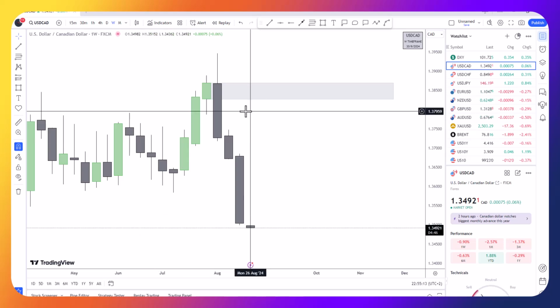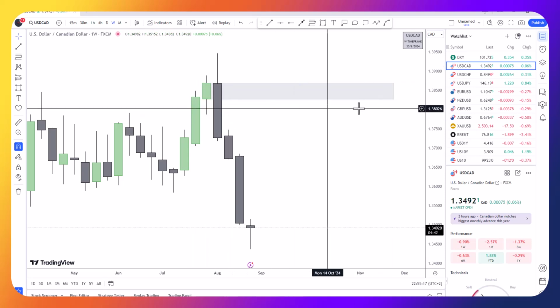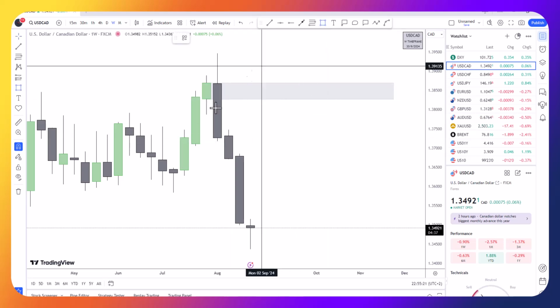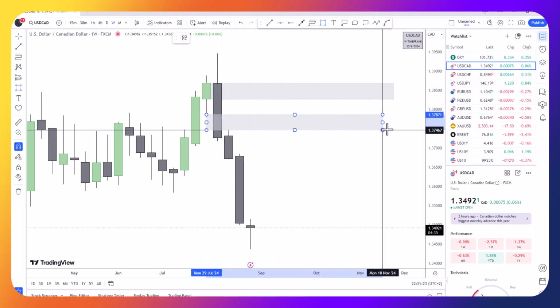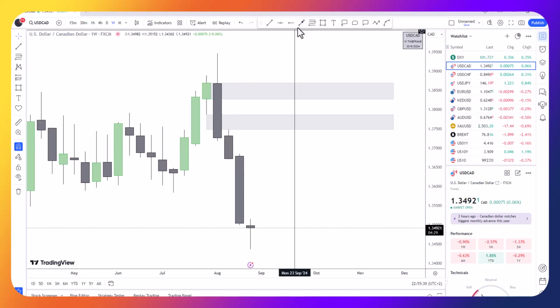That's your next lower time frame, and you've got your weekly bearish order block, and it's a high probability. It's a high probability bearish OB because it's accompanied by a fair value gap.